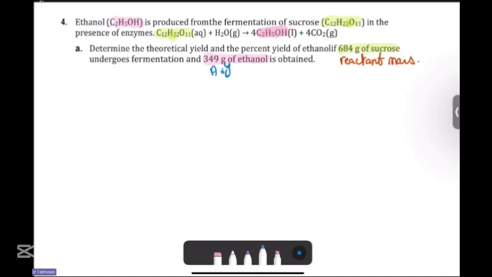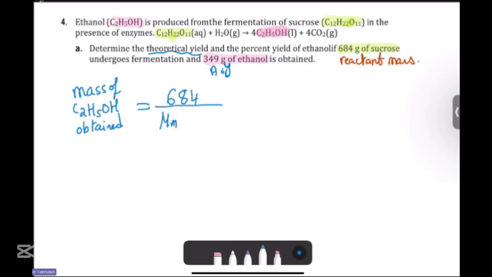First of all, determine the theoretical yield. Theoretical yield means the mass of C2H5OH expected. We start with the mass of the reactant, 684. You divide it by the molar mass of C12H22O11.